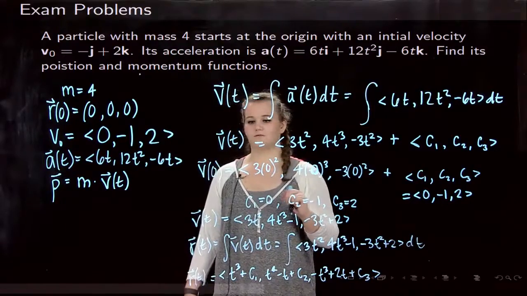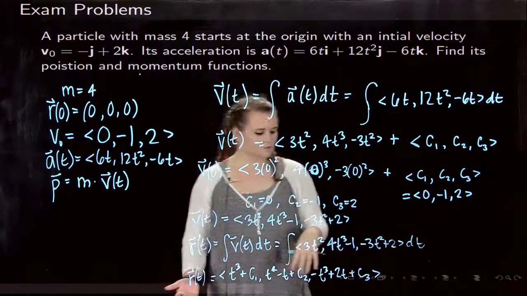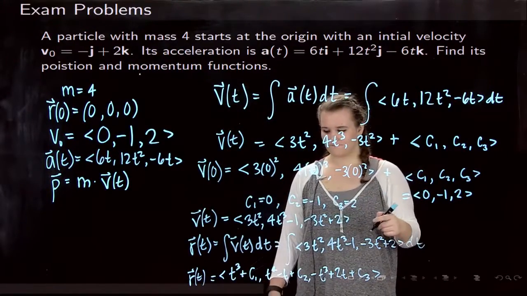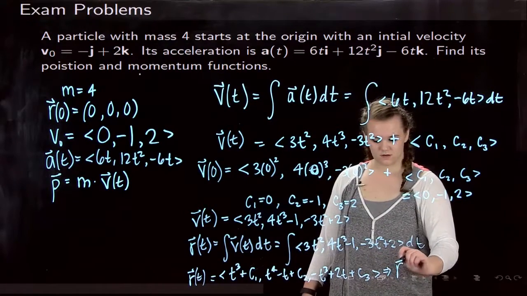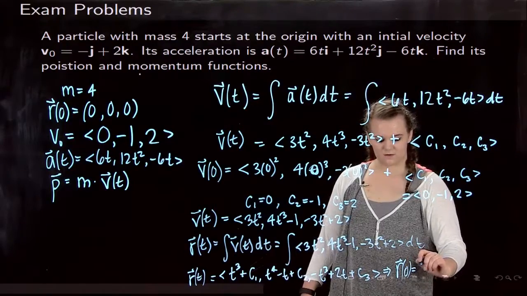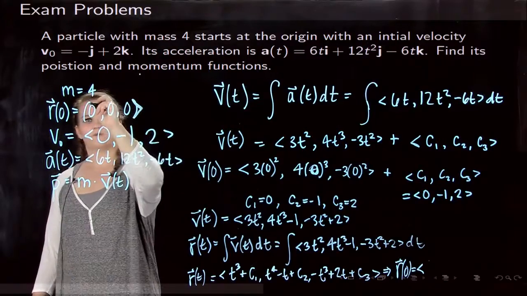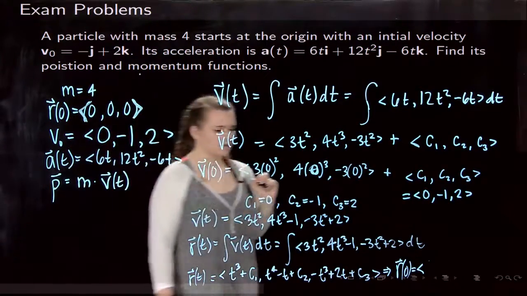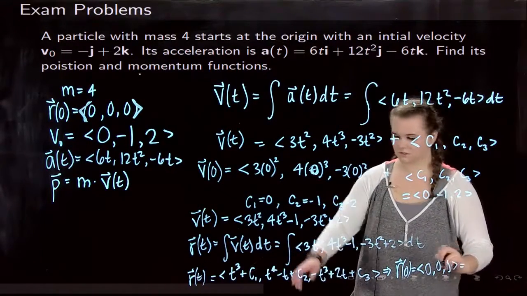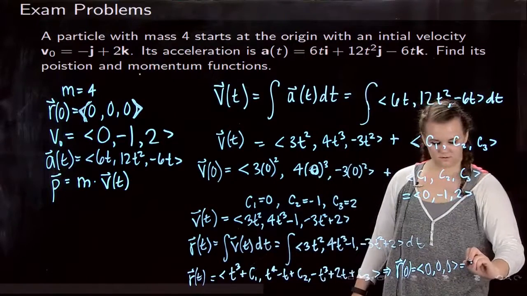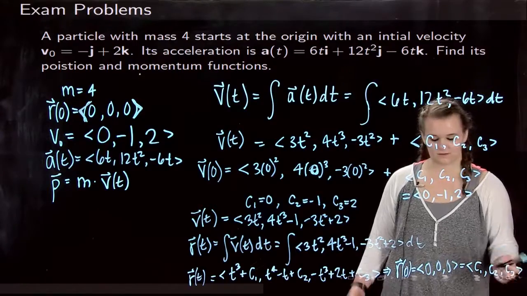So again, like we did for the velocity equation, we were given an initial position, which is at the origin. So if we make t equals 0, then r of 0 is going to be 0, 0, 0, which is equal to, if we plug in 0 into this equation, C1, C2, and C3, which basically means our constants go away.